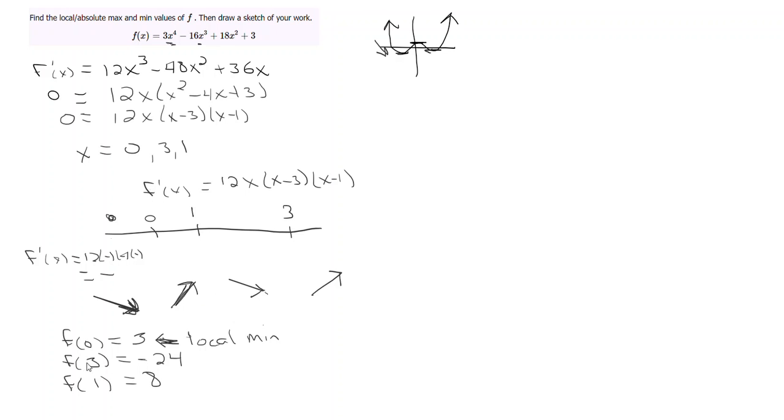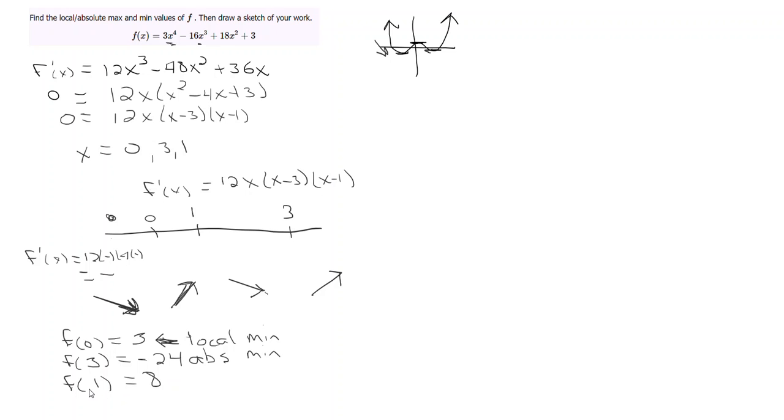At, let's say, f of 3, well, again, that's a minimum, right? And is it a local or is it an absolute? Well, it's definitely lower than this 3, right? And it never gets any lower, right? That's the lowest it gets. And I know the graph goes up to infinity on either end. So this is actually an absolute minimum.